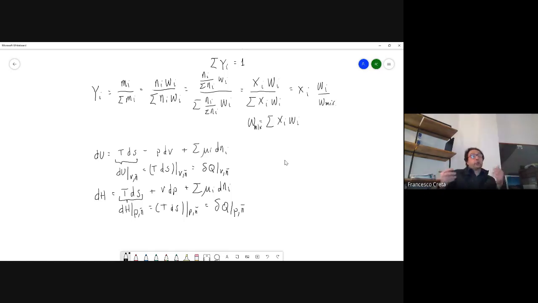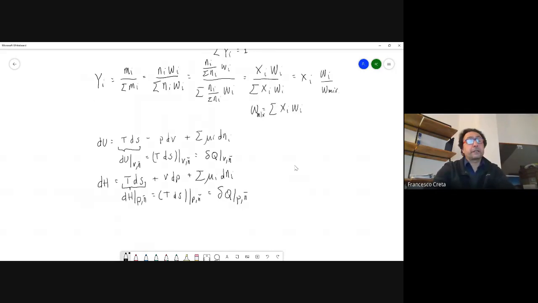So essentially what you're doing is you have a system, you're not changing the composition of this system, you're giving heat to it. You can either give heat by keeping the volume constant, or you can give heat to the system by letting its volume change so that the pressure remains constant. In this latter case, the system will also expand and do work on the surroundings.